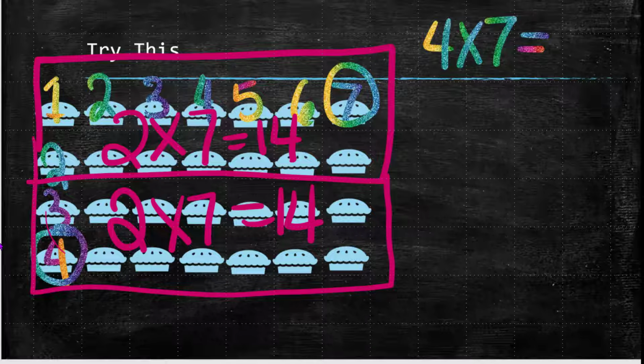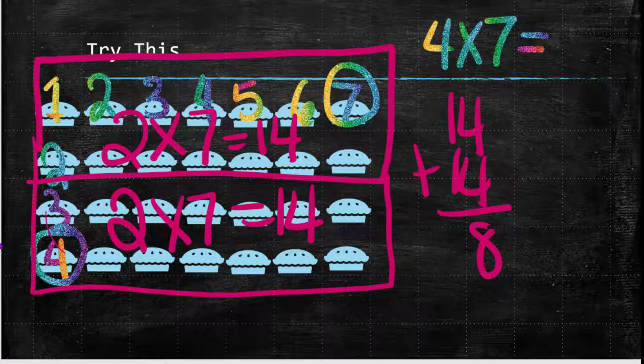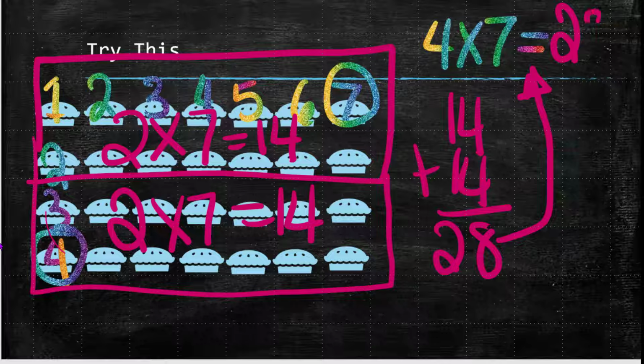That makes it easy to add. So 14 plus 14: 4 plus 4 is 8, 1 plus 1 is 2, that's a total of 28. So going back to my original factors, 4 times 7 or 7 times 4, my product is 28. There you have it, my friends.